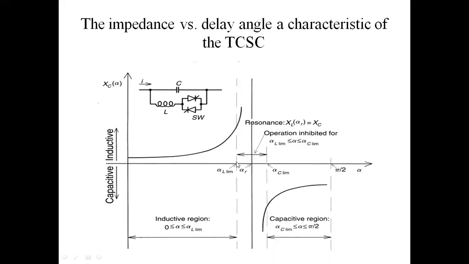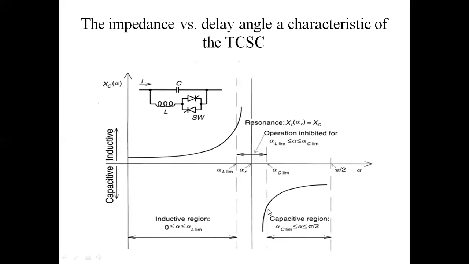Next, the alpha value we will not vary from this region. After here, nearly 60 to 90 degrees, we will vary the alpha value. When we are increasing alpha value from 60 to 90, the impedance goes like this.